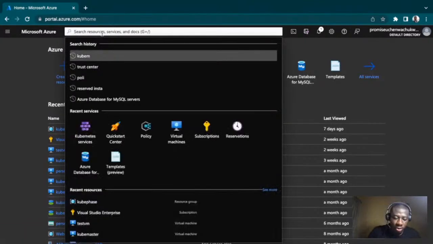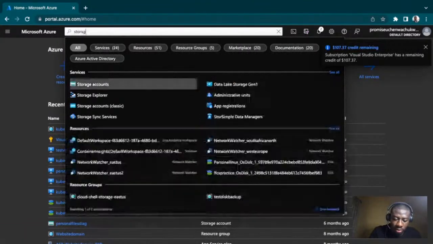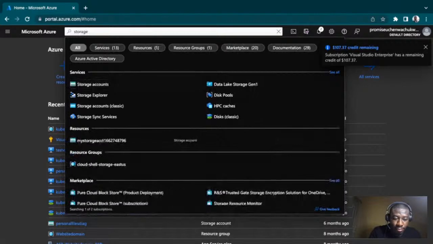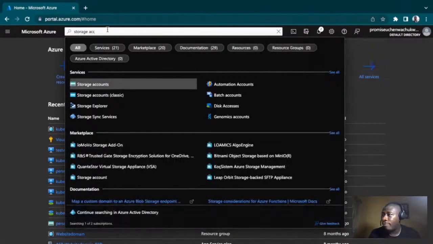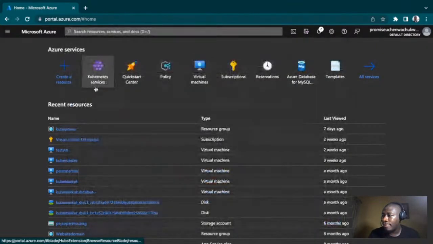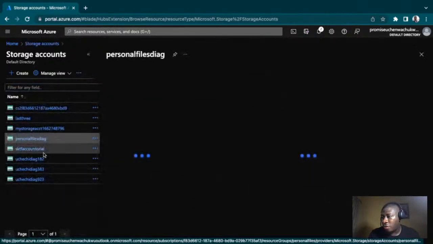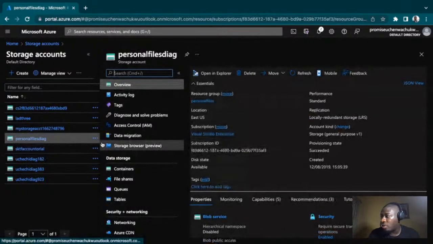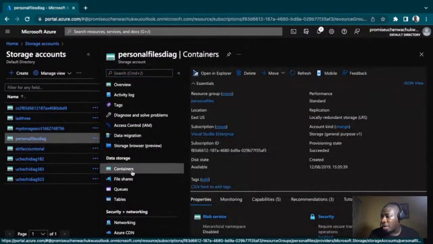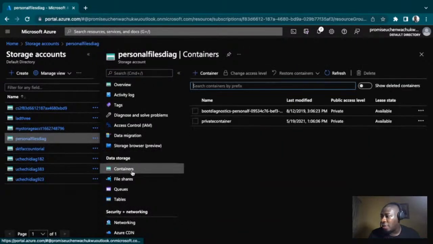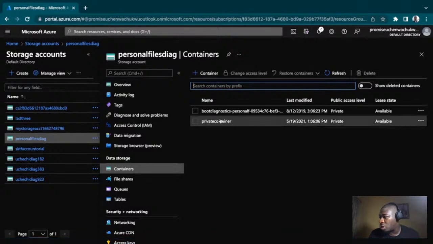So I'll just be heading to my storage account. Let me take, for instance, this is one of my storage accounts which I have, and let me see if I have something stored in here.